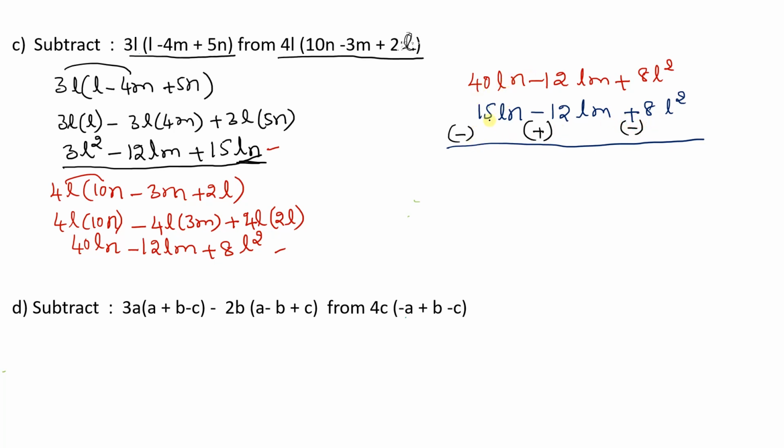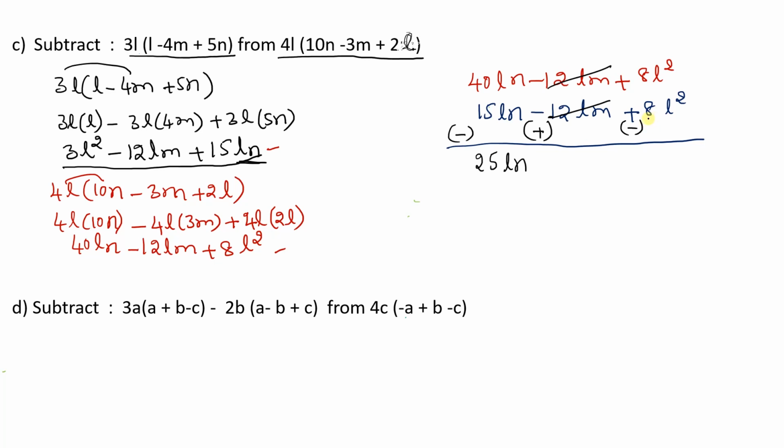Now 40ln minus 15ln is ln. You have to find the difference of their coefficients only. So it is 25, and the greater number has the positive sign, so you will get plus 25ln. Okay, and minus 12lm and plus 12lm. After changing the sign, minus and plus will get cancelled.